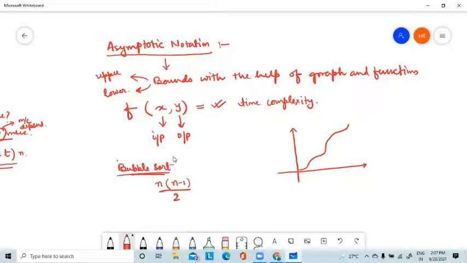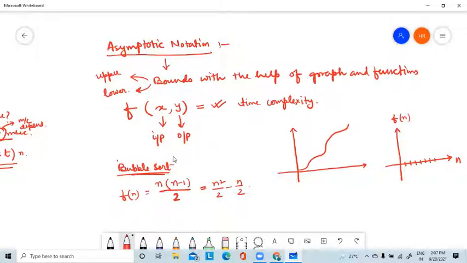So it will require this amount of time, or you can say comparisons. So this is n square by 2 minus n by 2. Now, if we draw this in a graph, in this axis the value of n, and in this axis the value of function n. If we draw the graph, these are the values, suppose n is 1, 2, 3, like this.